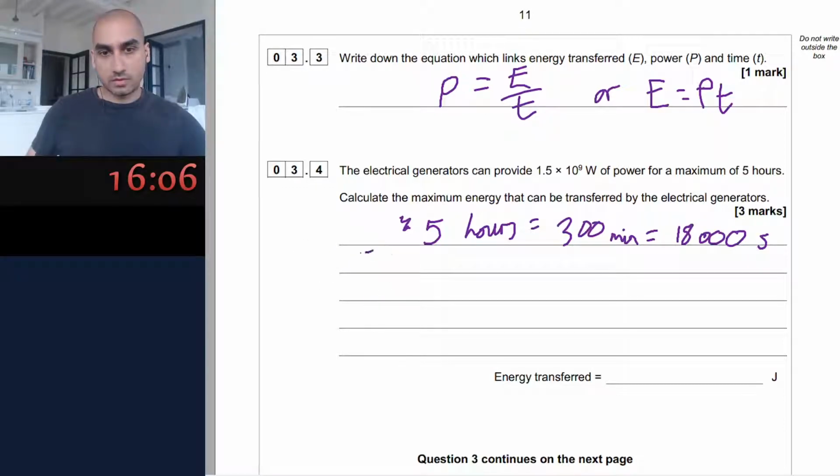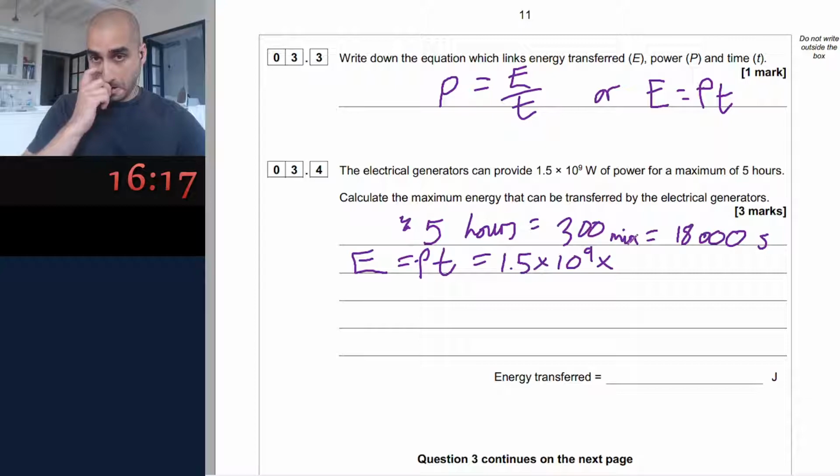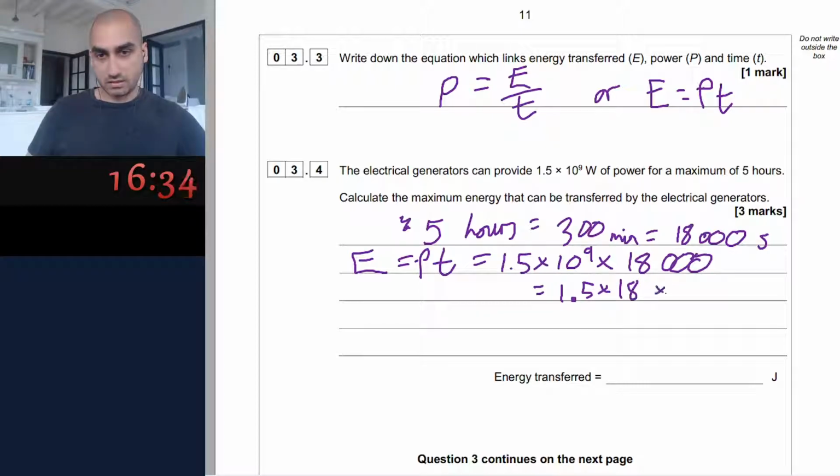So energy equals PT equals 1.5 times 10 to the 9 times 18,000. We just don't have to type all that into the calculator.